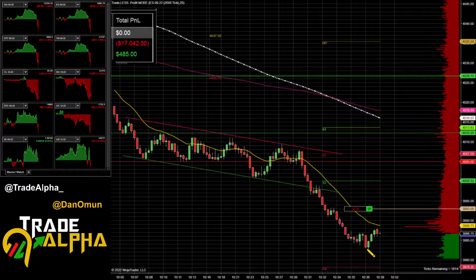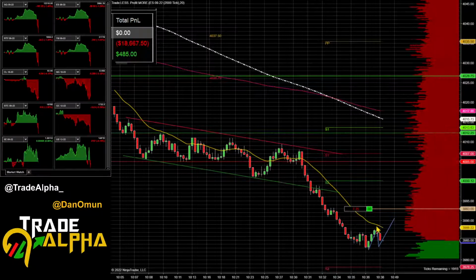We have a nice higher high, then we'll come back down, and if we can see a nice higher low like this, I'll be looking to get in above this level here, which also happens to coincide with breaking above the 20 EMA, so almost a textbook setup here.